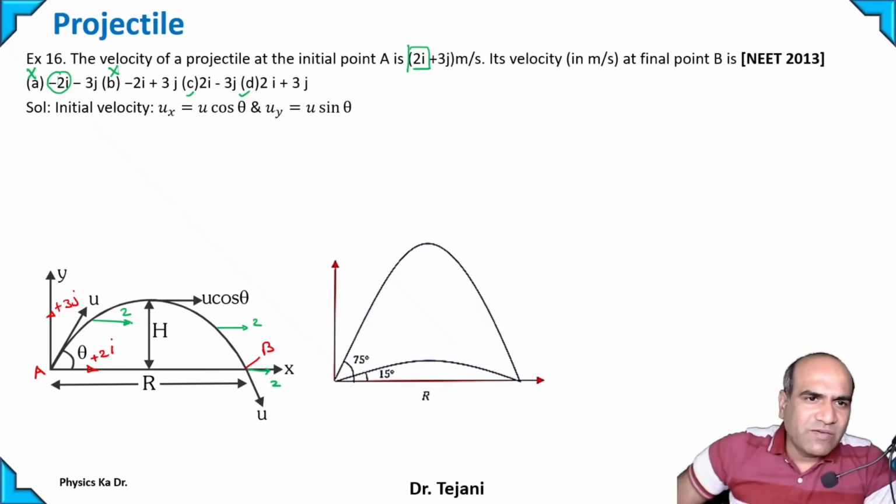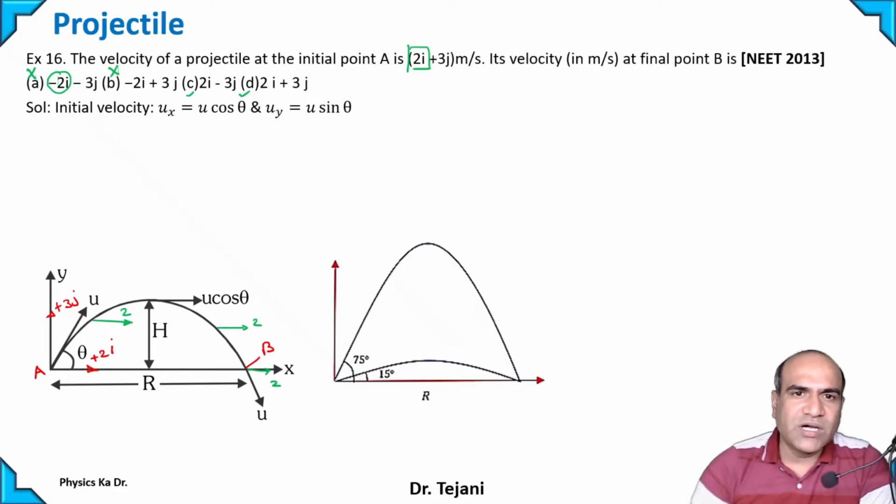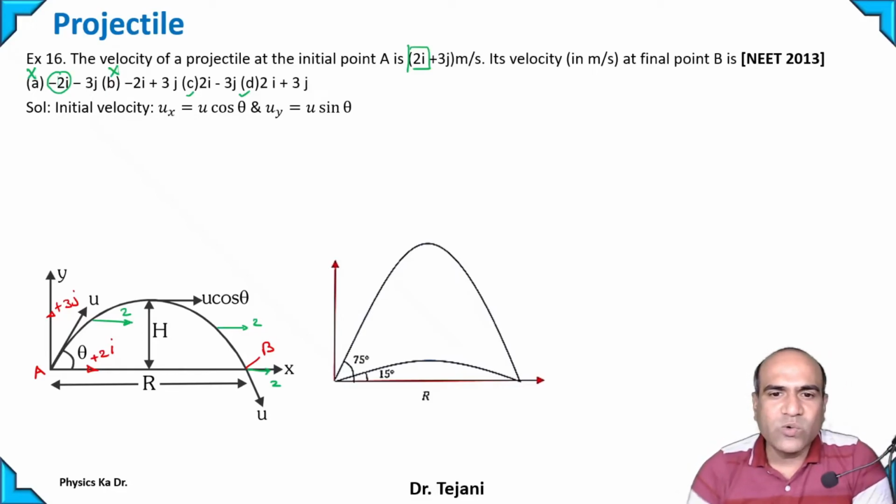So the initial velocity ux is equal to u cos theta, uy is u sin theta, this is a very well known fact.